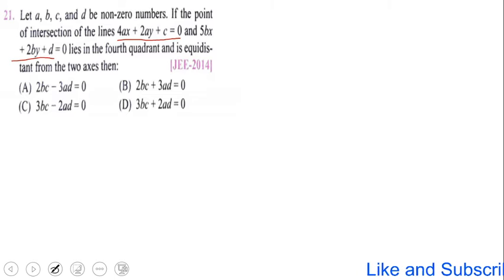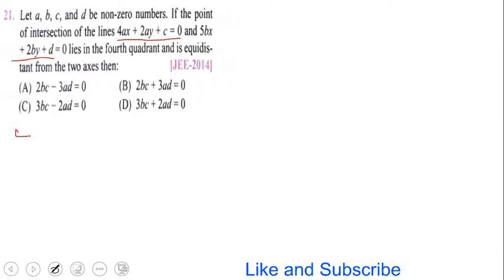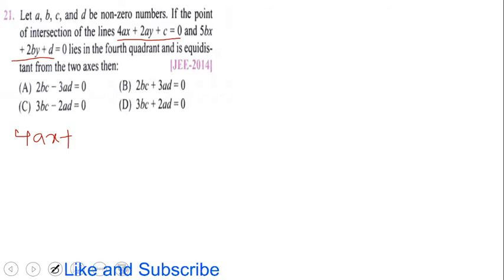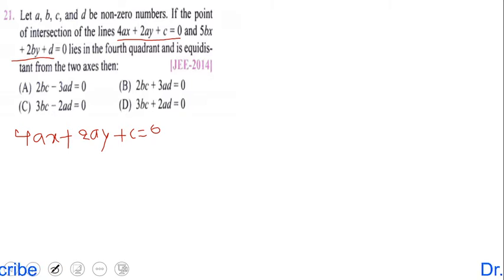So we have the first equation as 4ax plus 2ay plus c equal to 0.